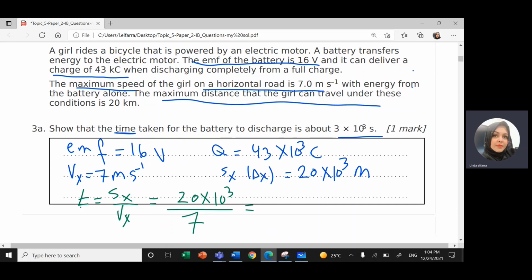And this will be 2,860 seconds. I can round it to 3,000, or 2,900 seconds, and it will equal 3 times 10 to the power 3 second when you write it in scientific notation.